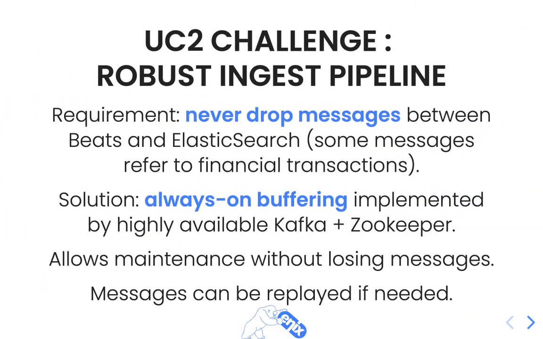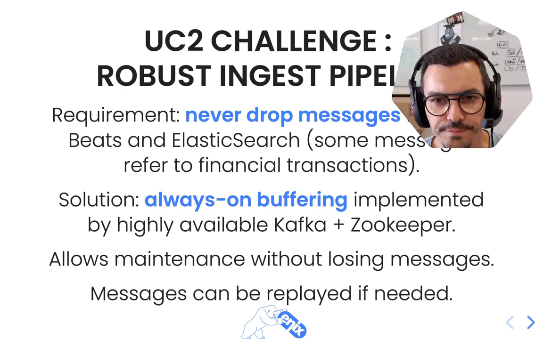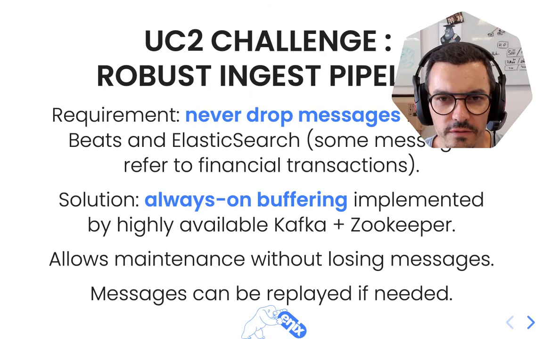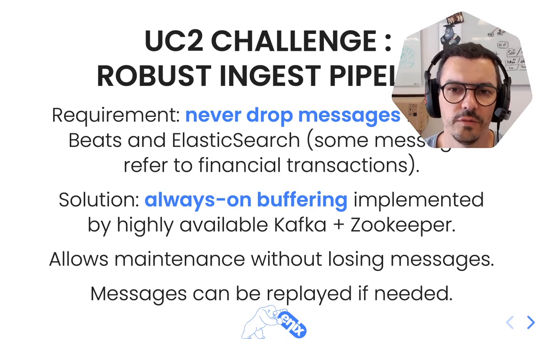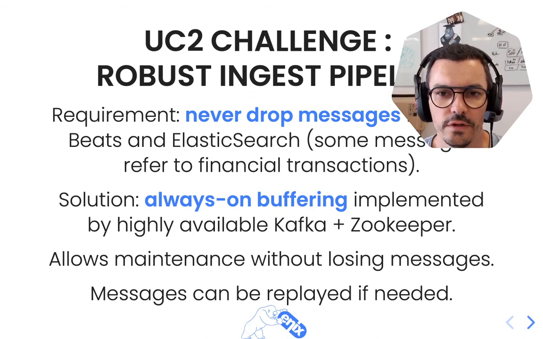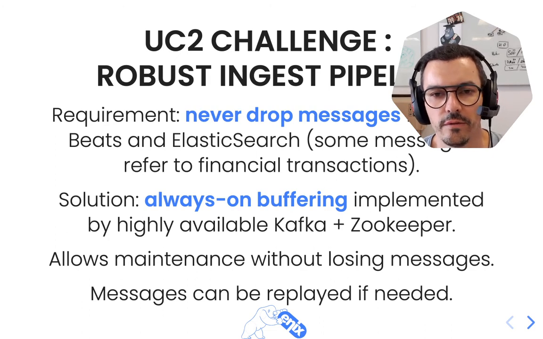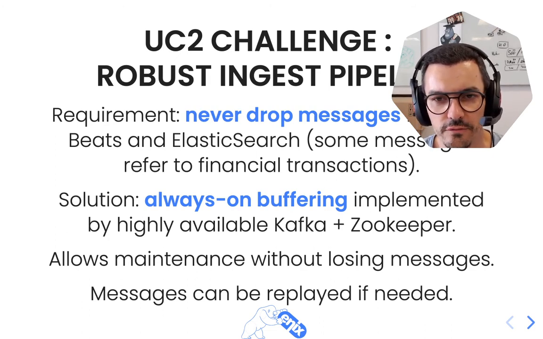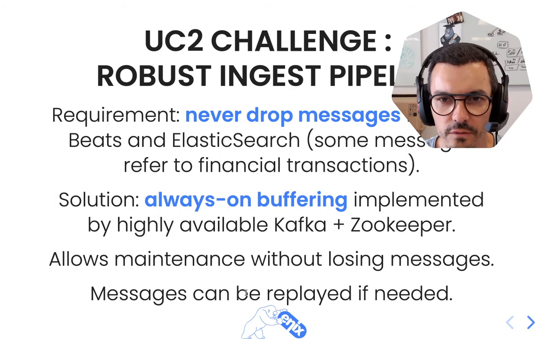In terms of challenges, the first one was related to the ingest pipeline. A typical architecture with Elasticsearch is to have Beats agents sending messages to a centralized Elasticsearch cluster. The customer wanted to add two additional functionalities: the possibility to do maintenance on the cluster without losing any message, and also the possibility to replay some of the messages if a mistake was made on the Elasticsearch cluster or an index configuration.